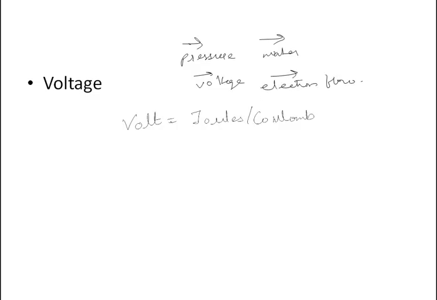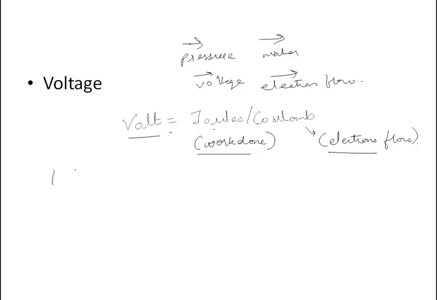Okay, so we know that voltage is equal to joules per coulomb. Everyone knows joules means what? Joule is nothing but work done, the measurement of energy. And coulomb is the number of electrons flowing.